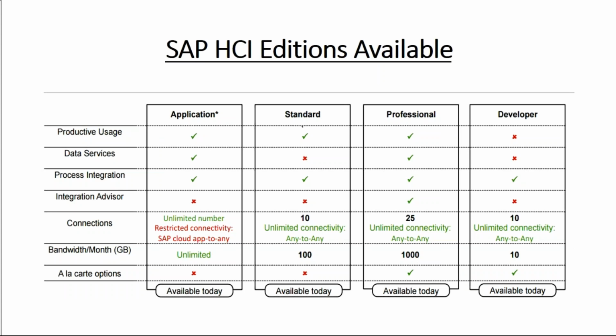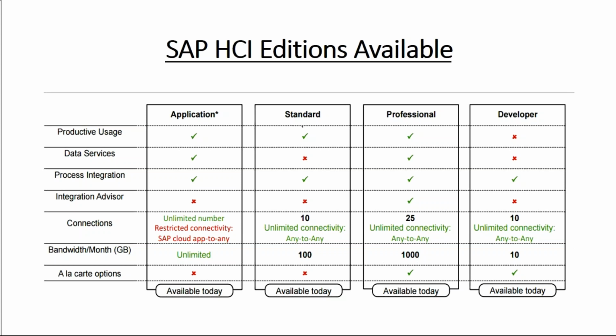So you have the different editions of HCI: application edition, standard edition, professional edition, and developer edition. These are what they are based on. So you have productive usage and data services.